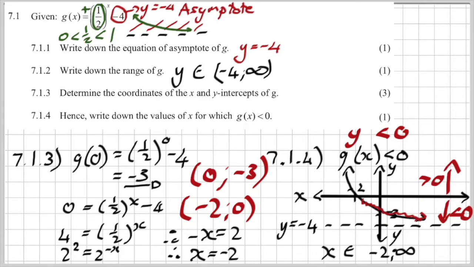That's where my x values are, for which my y values are smaller than 0. Does it say equal to? No, so I'm going to say round brackets, all round, because it cannot be equal to 0, it is just smaller than 0.